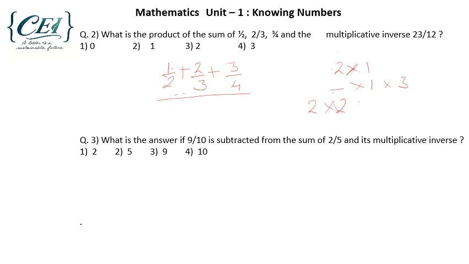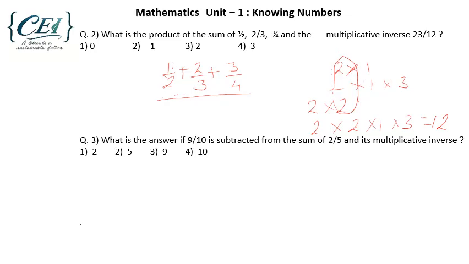So 2 into 2 into 1 into 3 is 12. 12 is the LCM, so you have to make the denominator 12.